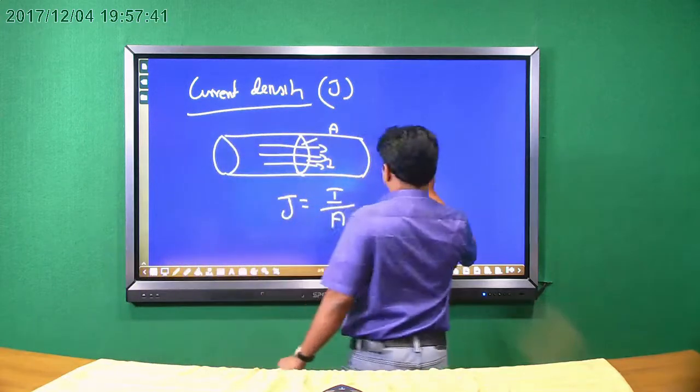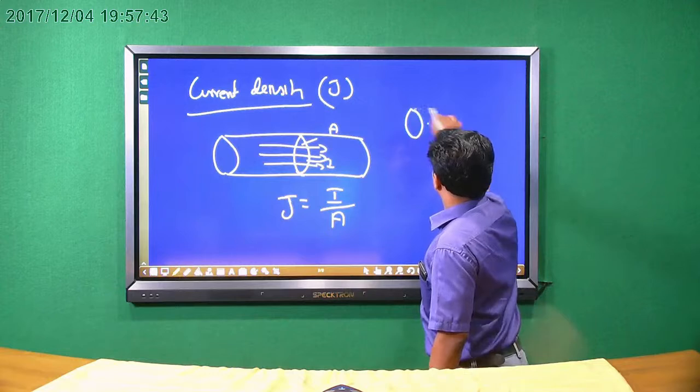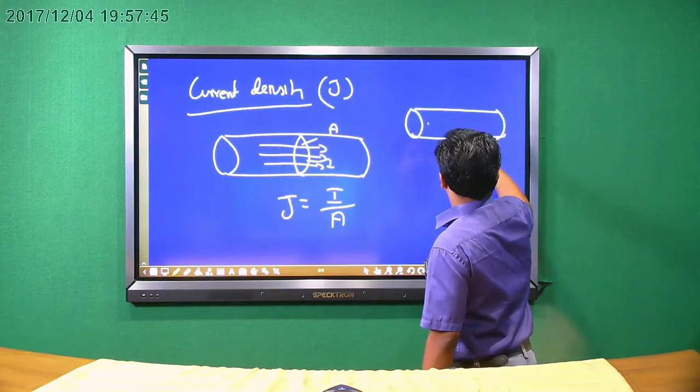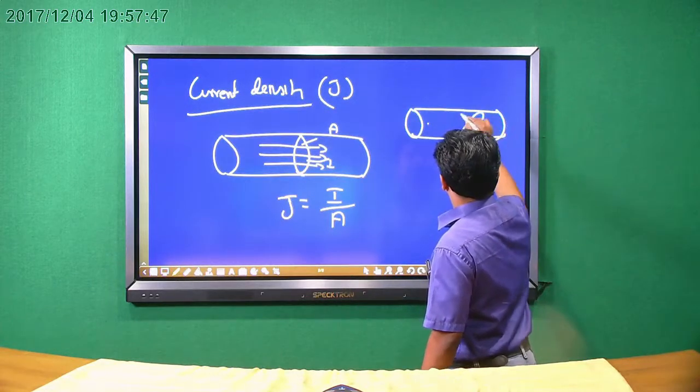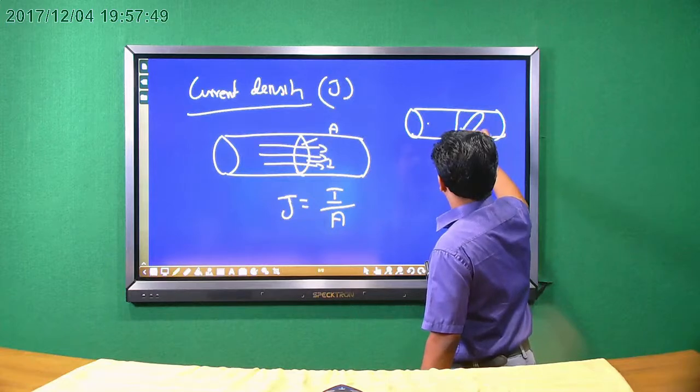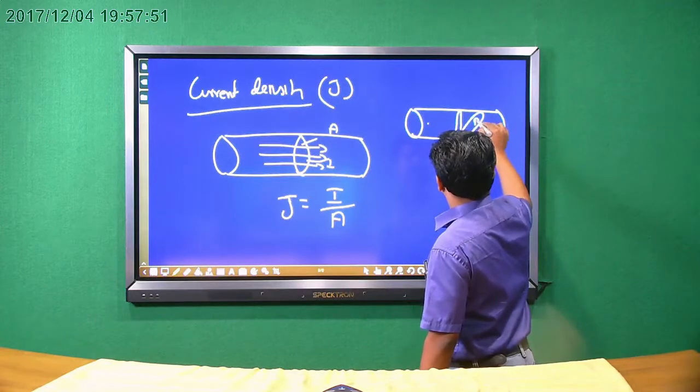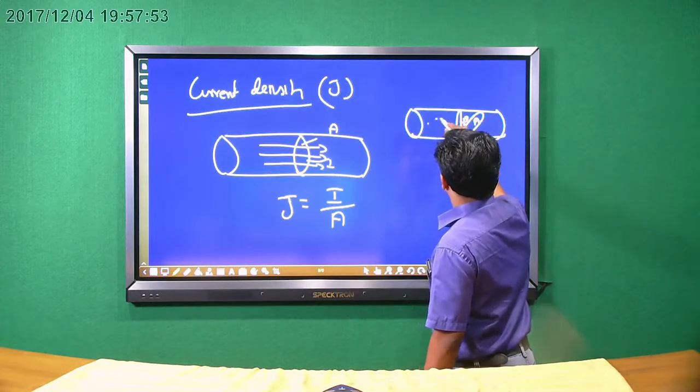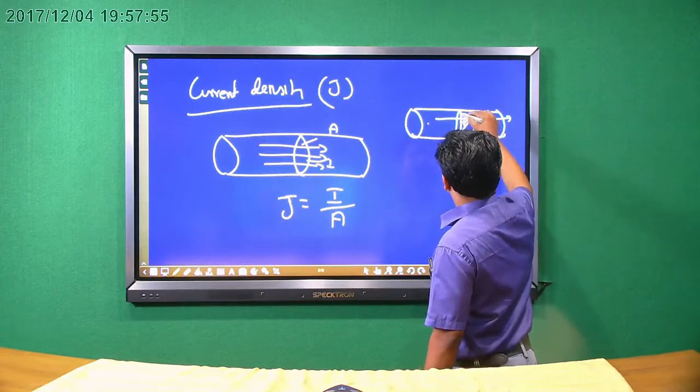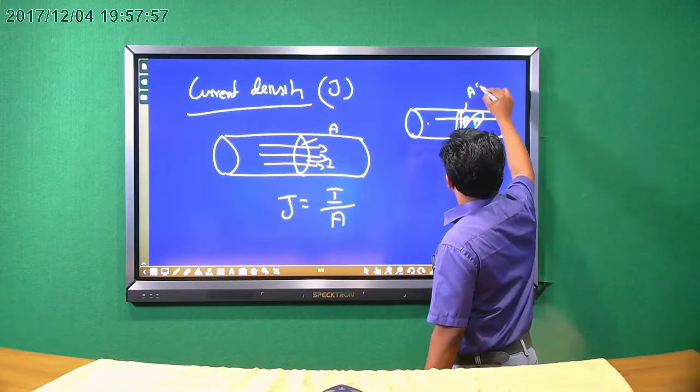So if we take an area like this, this is A, this angle is theta, and current is flowing in this direction. Now this area will be A cos theta.